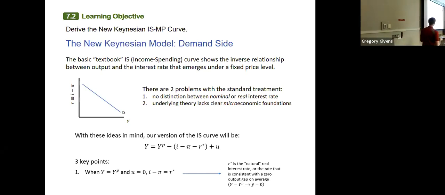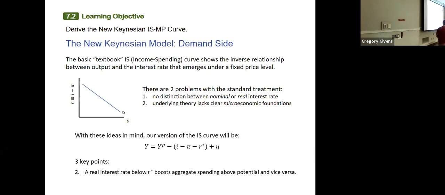Okay? Second point I want to raise about this, and this one's probably the most important. If the real interest rate, that is i minus pi, falls below R star, then what happens to actual output? If the real interest rate falls below R star, meaning what?